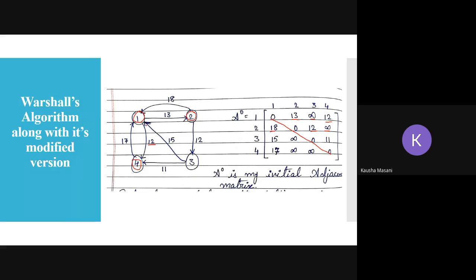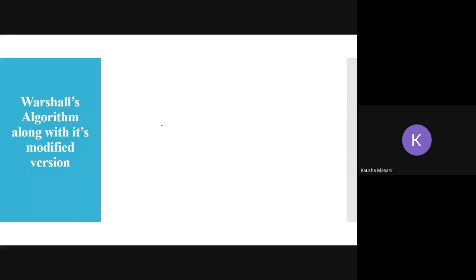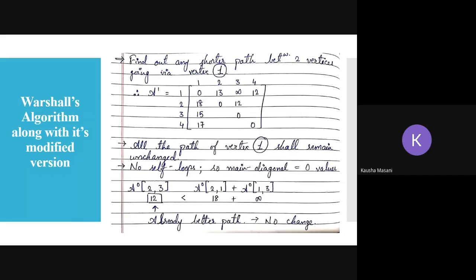Or let's say I want to find a path from 3 to 2 via vertex 1. Okay, so is there any possibility that despite of having these distance values in my adjacency matrix, there is some value which is less than these distance via 1? So that is what we are going to calculate. Okay, so the next step is find out any shorter path between the two vertices going via vertex 1.